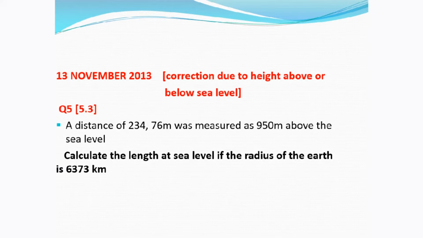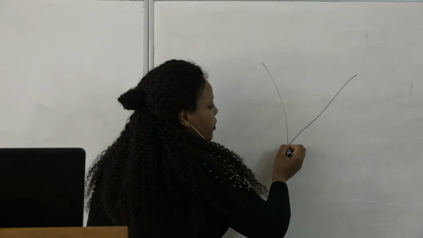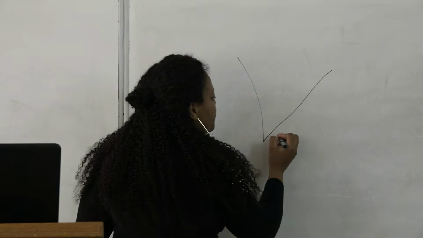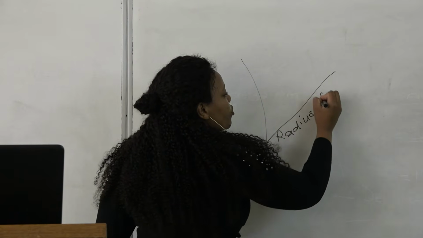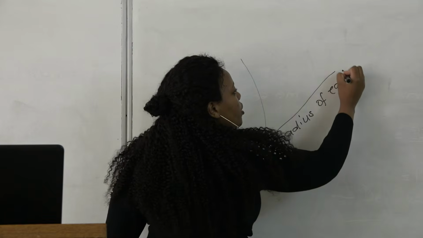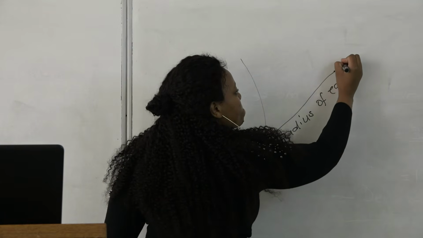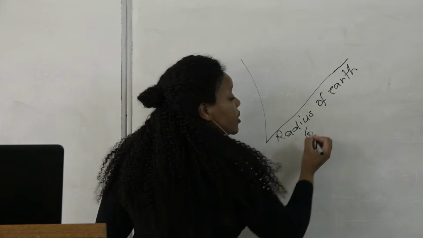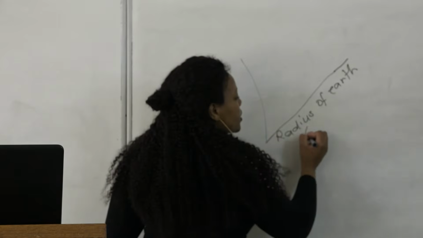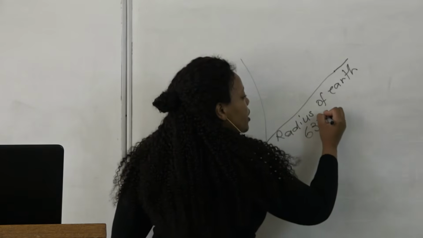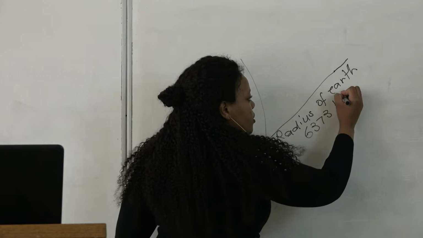Here we were told that the radius of the earth is 6,373 kilometers.